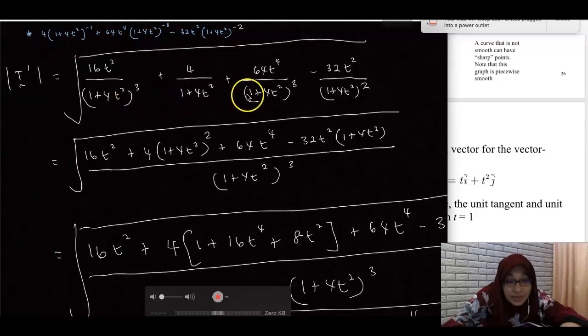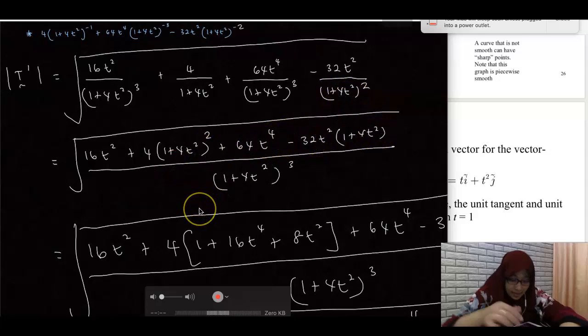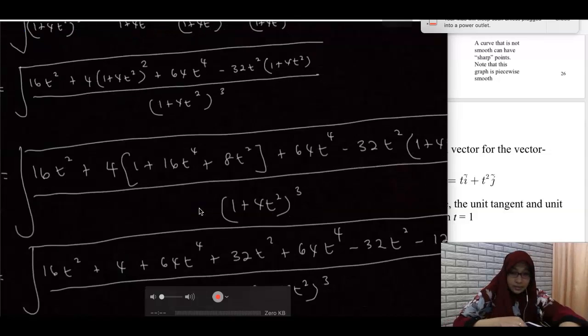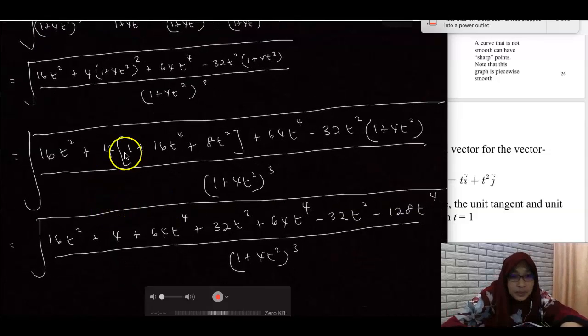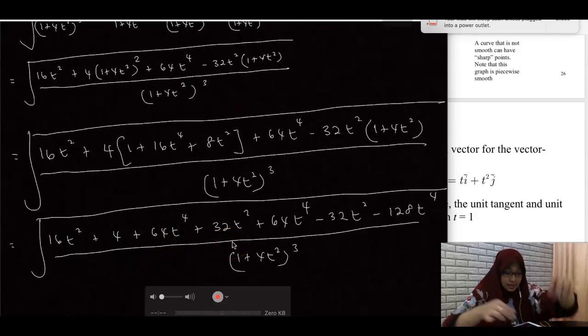Here it looks like we have to simplify the form. We have a cube, then a square, and this one just power of 1. So we can expand this by multiplying this square, and this one just multiplied by 1 plus 4t squared. And then we expand, and hopefully we can simplify.